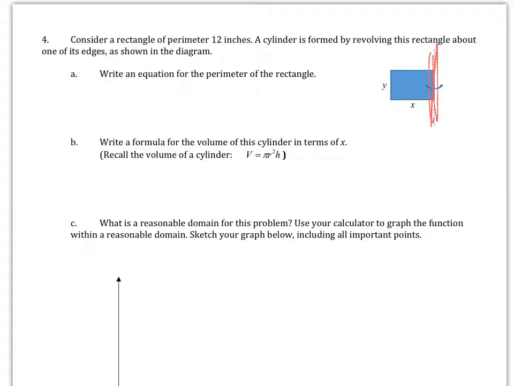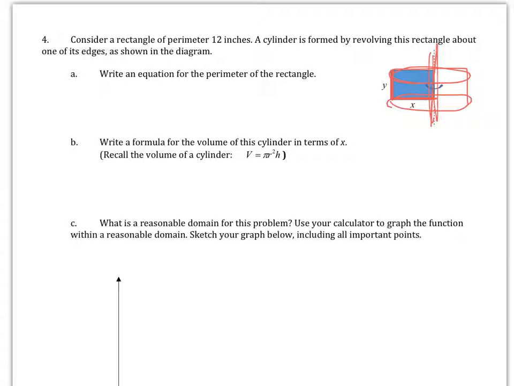And when we rotate it, we form a cylinder. The cylinder has the same height as the rectangle, so y is the height of the cylinder, and the radius of the cylinder is the same as the width of my rectangle, or x. Those are going to be the important pieces to this.